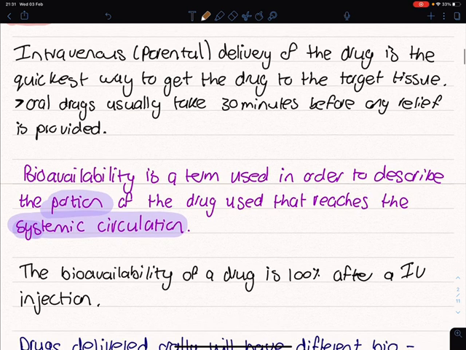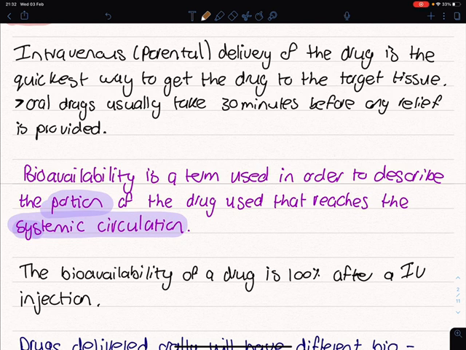Okay, so then also a very important definition is bioavailability. It is a term to describe the portion of the drug used that reaches the systemic circuit. Which means if you use 10 milligrams of a drug, let's say morphine, and you administer it orally, only about 2.5 milligrams of this drug will reach the systemic circuit because of something known as first pass metabolism.